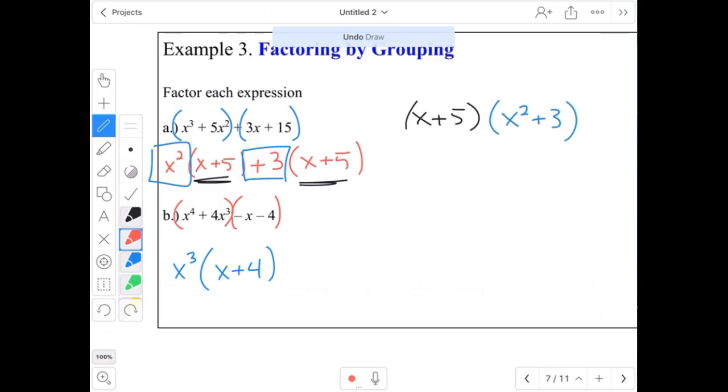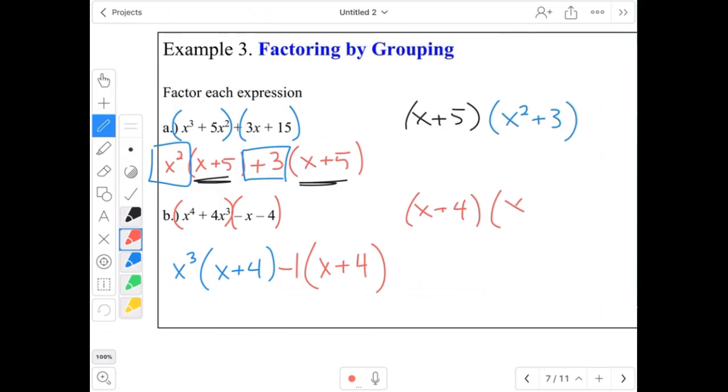So I'm going to take out a negative 1, and that would leave me with x plus 4 on the inside. So again, x plus 4 would be one of our factors because those are two things that match up. So x plus 4, and then x cubed minus 1 would be our other piece there.